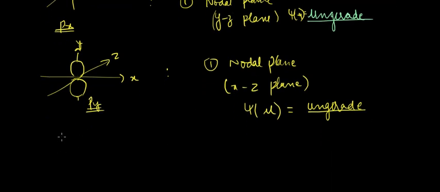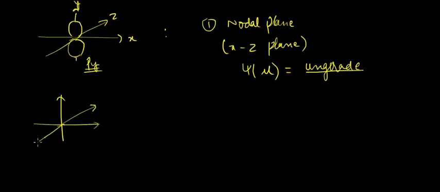Let's see the case of pz. So in pz we would have, similar to px and py, electron density across z axis.